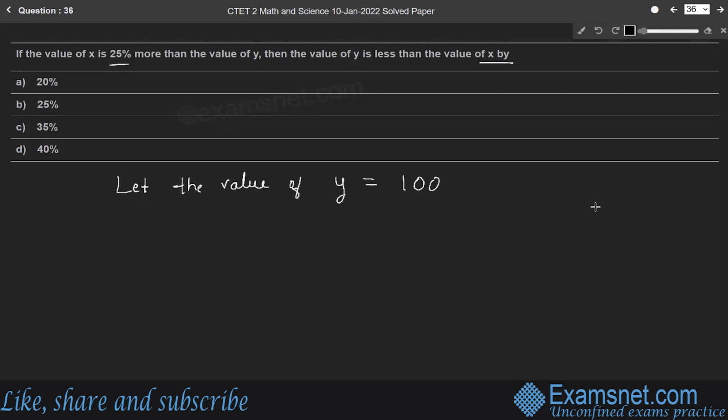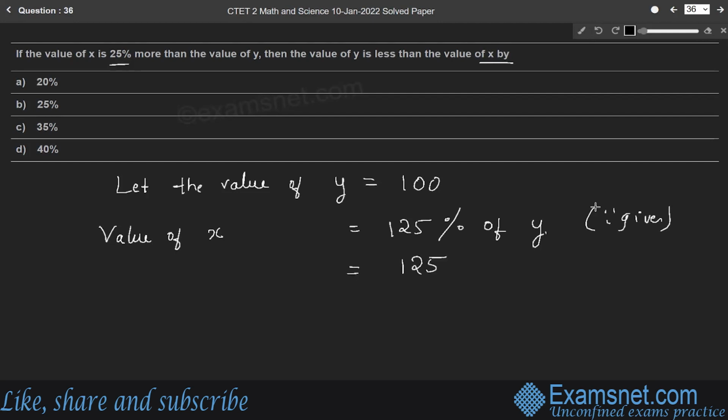Then the value of X is equal to 125% of Y, because it is given 25% more than the value of Y. 125% of Y is equal to 125.